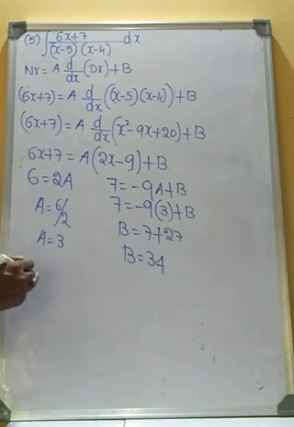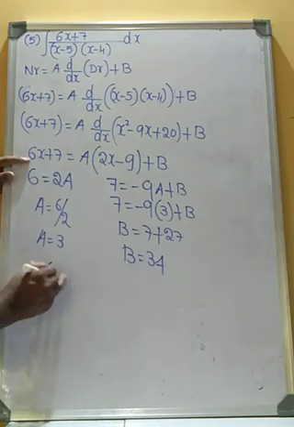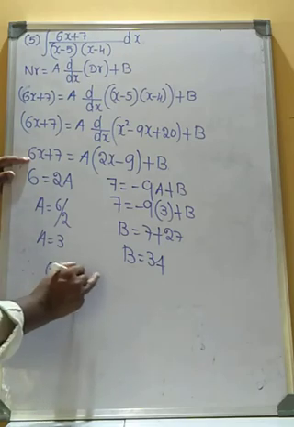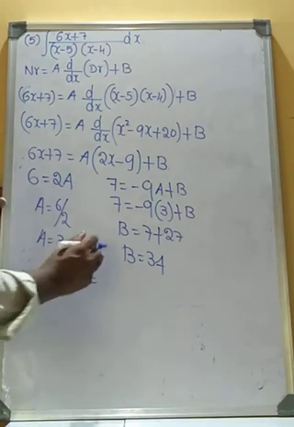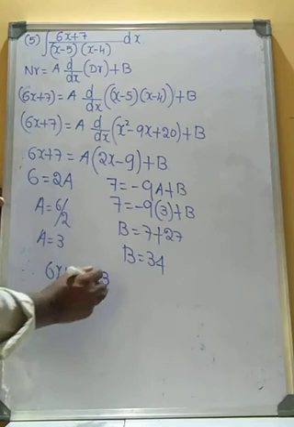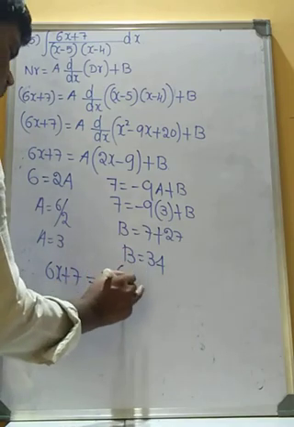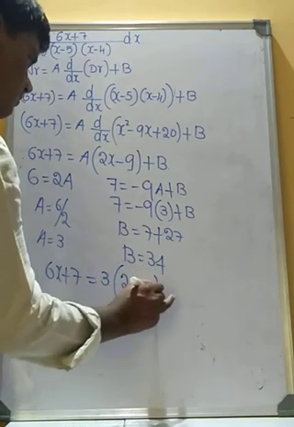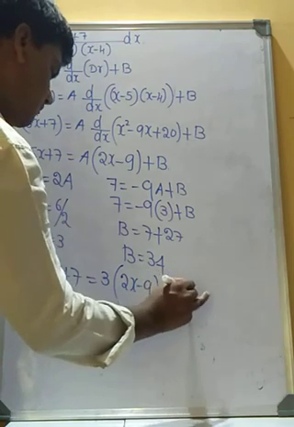A is 3 and b is 34. Substitute in the above equation: 6x plus 7 equals a, which is 3, into 2x minus 9, plus b, which is 34.